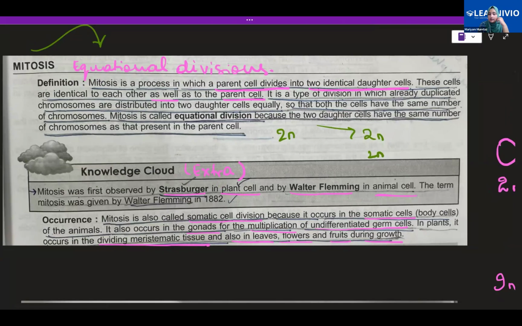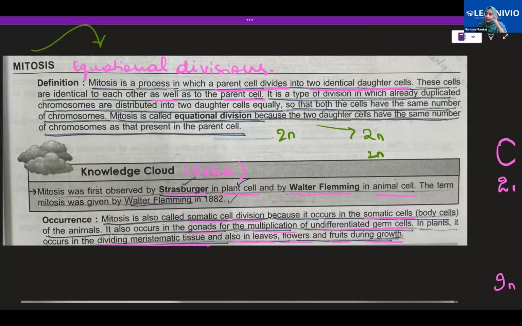Now, do you remember the two types of cells, somatic and germ cells? Remember that? Even if you don't remember, I'll tell you. There are two types of cells majorly in our body. The first one is responsible for reproduction, and we call them germ cells.